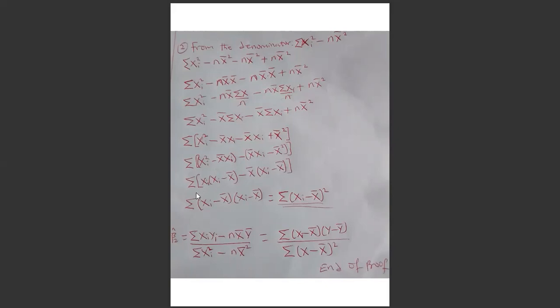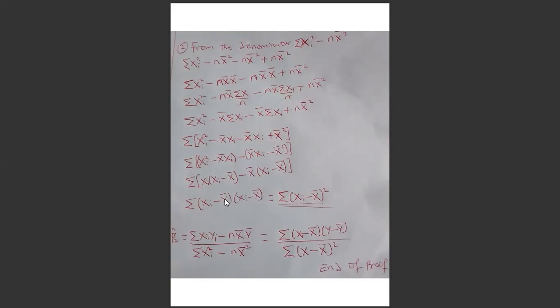So we can see that this is equal to this. We have summation here, so we can now write everything as x minus x bar. So we now have summation of (x minus x bar) in bracket, times (x minus x bar) in bracket.